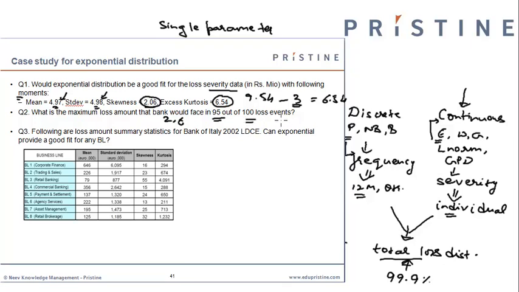Now let us see, if we fit exponential distribution to this data set, what will be the worst case in 95 out of 100 loss events? If there are 100 loss events in a particular year, what will be the worst case loss amount in 95 out of 100 cases?